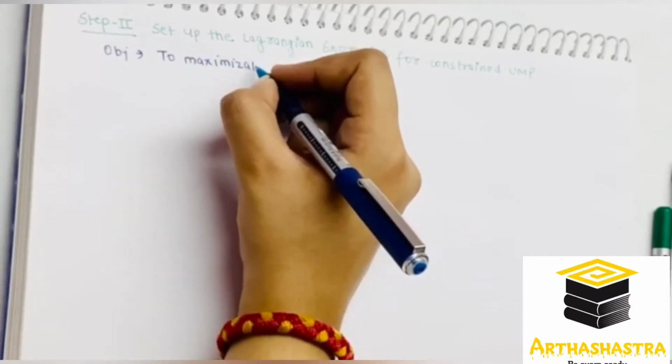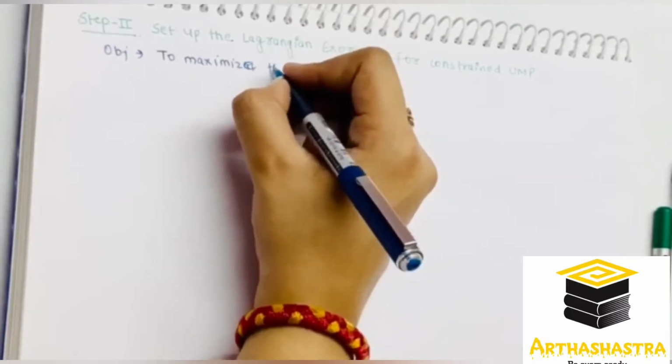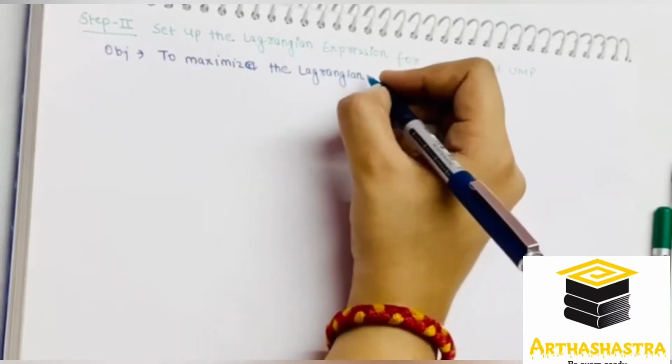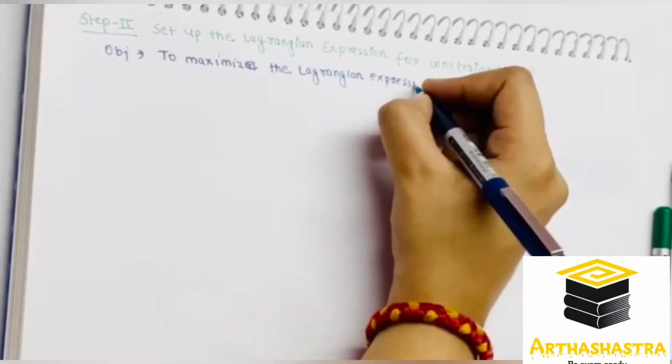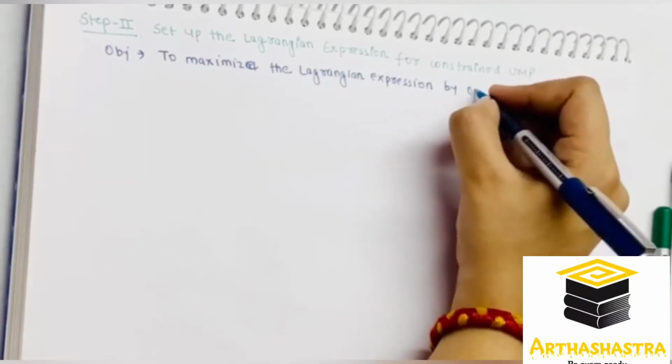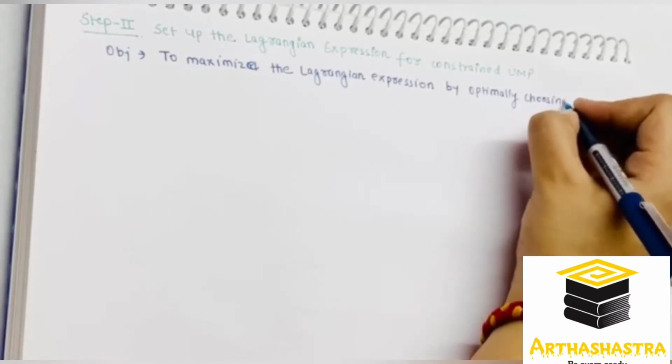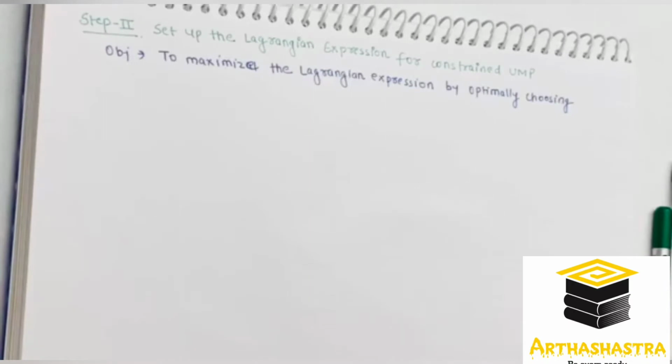So to maximize the Lagrangian expression by optimally choosing, now what do we have to optimally choose: the quantity that the consumer is going to consume, that is what quantity of good x and what quantity of good y a consumer should consume such that his utility is maximized given the prices of the two goods and his money income.